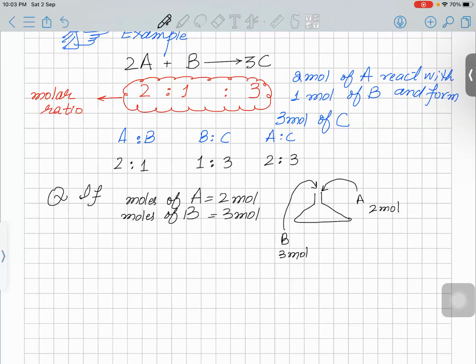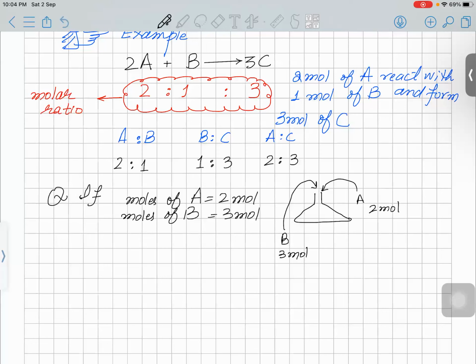Sir, can you repeat your question? Look at the question again. If in a reactant flask you have 2 moles of A and 3 moles of B, how many moles of C should be formed?